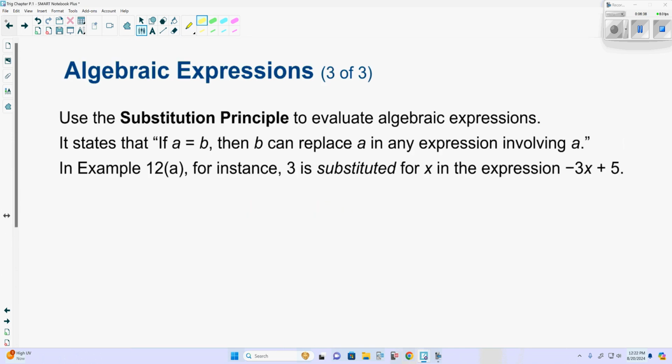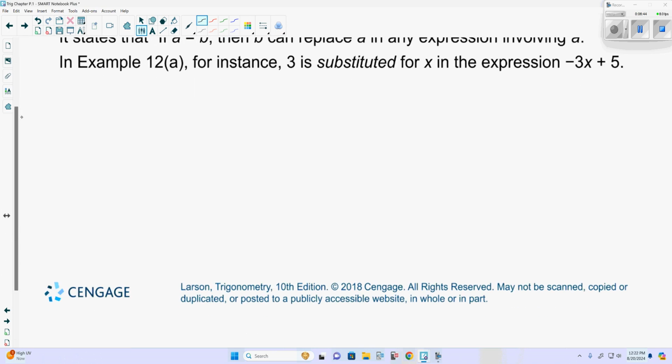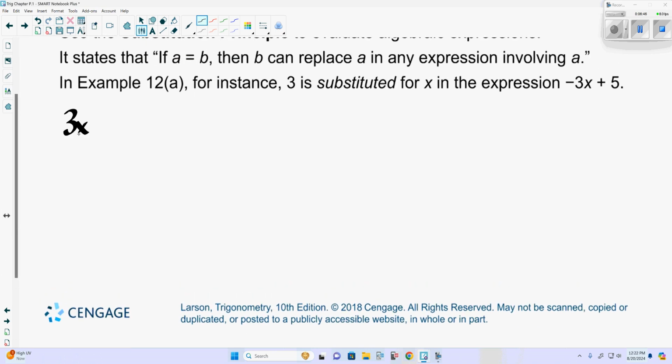Let's put it in another context. So here our A equals B is x is equal to 3. Since B, or our 3, can replace x, each x in this statement can be replaced by 3.